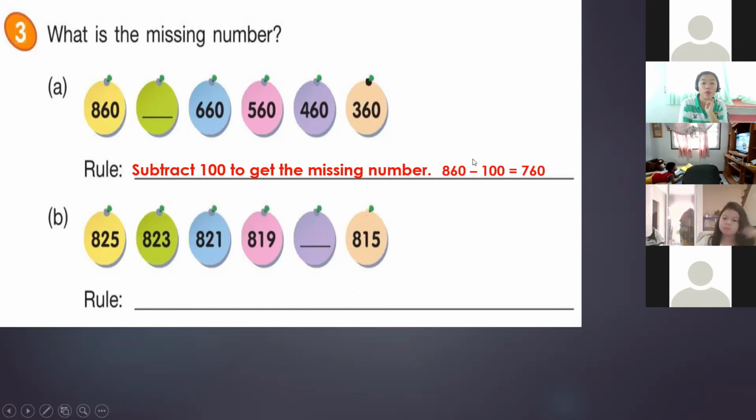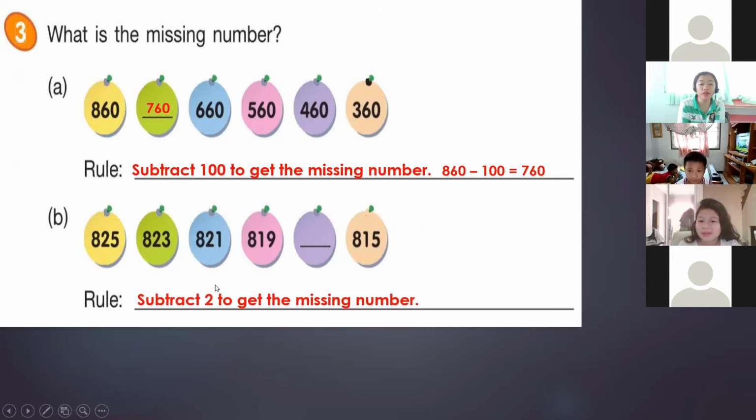So let's subtract 100 from 860. 860 minus 100 is equal to 760. So the missing number in this pattern is 760.